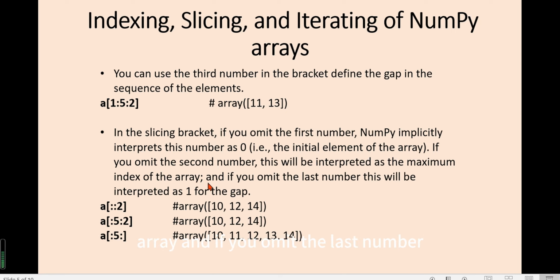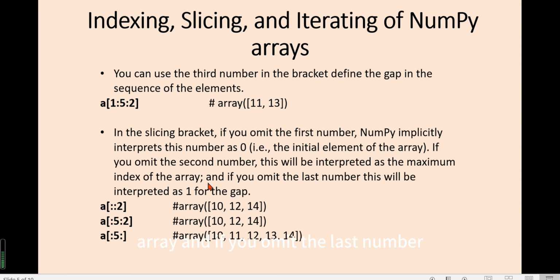So if we write 2 colon here, the gap is 2, and from the beginning to the end of the array with a gap of 2 will be returned. If we omit the first argument, then the view will be from the beginning of the original array, and actually the result will be the same as this one.